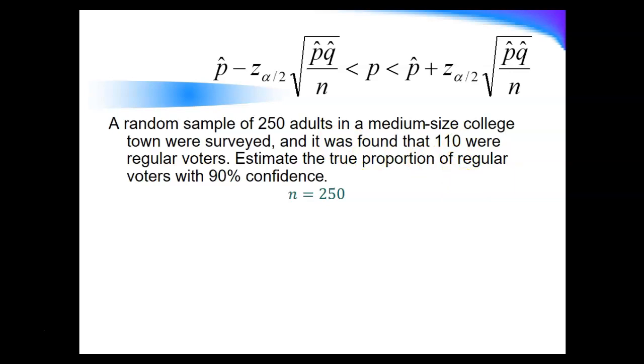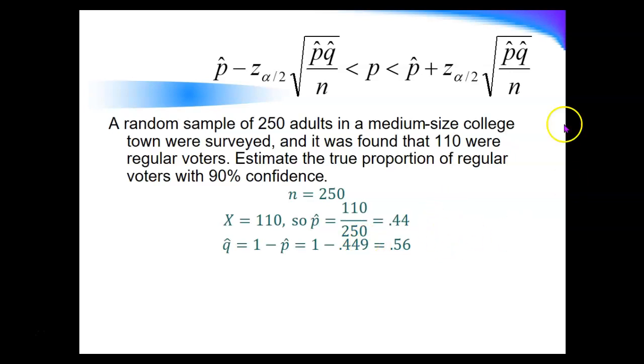Well, the calculator just showed us, but if we hadn't done that, we would calculate p hat by taking 110 divided by 250. And then q hat would be 1 minus 0.44, sorry, a little typo there, which is 0.56. Now here the division came out even. It came out to be exactly 0.44.